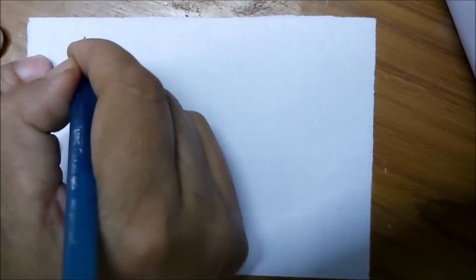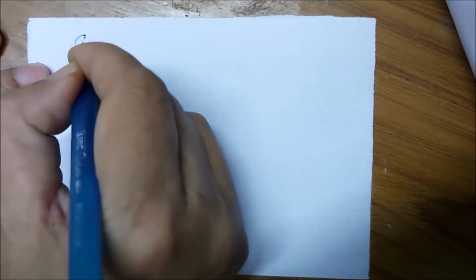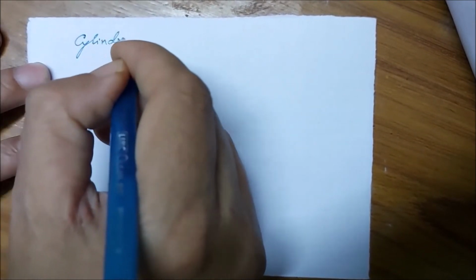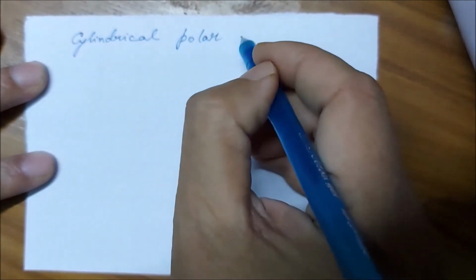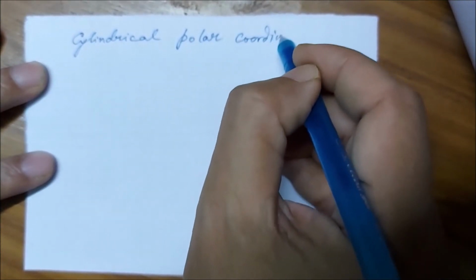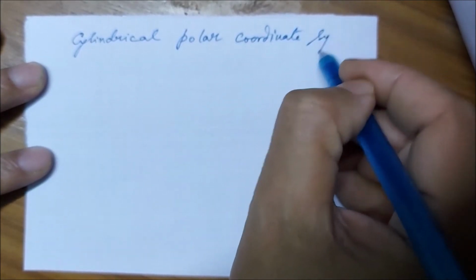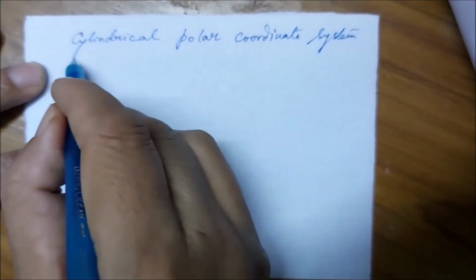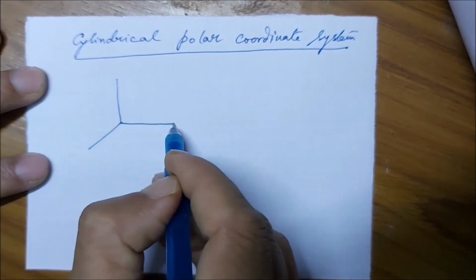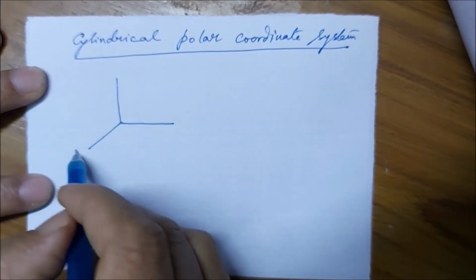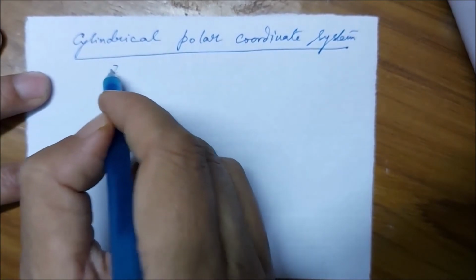Next, the line elements in cylindrical polar coordinate system. x-axis, y-axis, z-axis.